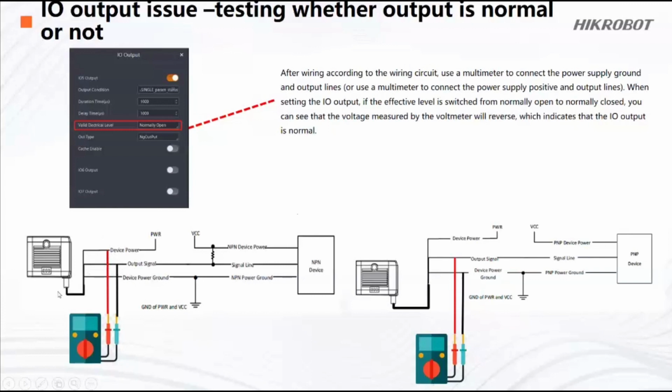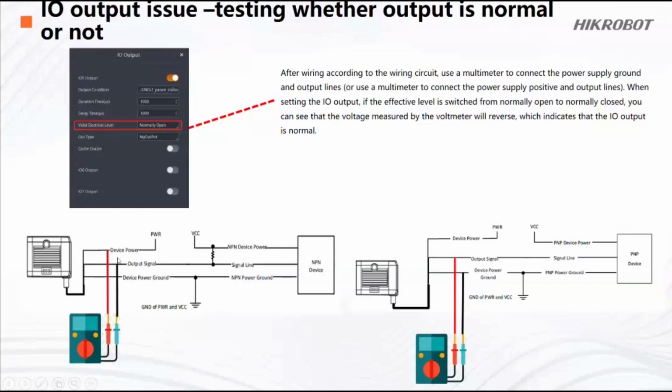If it is low level, it will show 0. But if you select the valid electrical level, from normally on to normally off, then sometimes it will have the actual voltage.